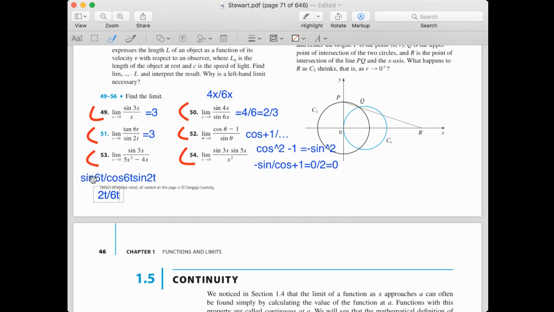In that case, we have sine 6t over 6t for the limit as t approaches 0 becomes 1. So we need sine 6t over 6t, and we need 2t over sine 2t. Does that make sense? Okay, but we have to multiply by 1. We have to multiply 2t over 2t, 6t over 6t, right? So that means we're left with 6t over 2t.